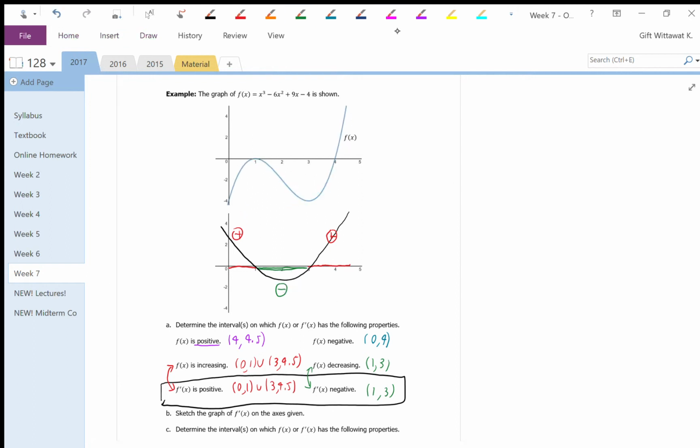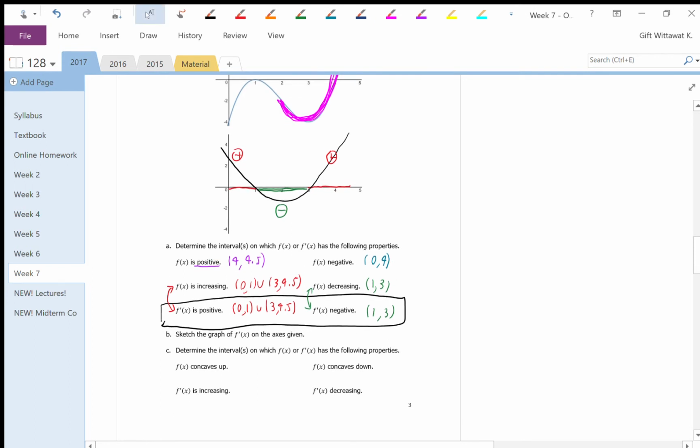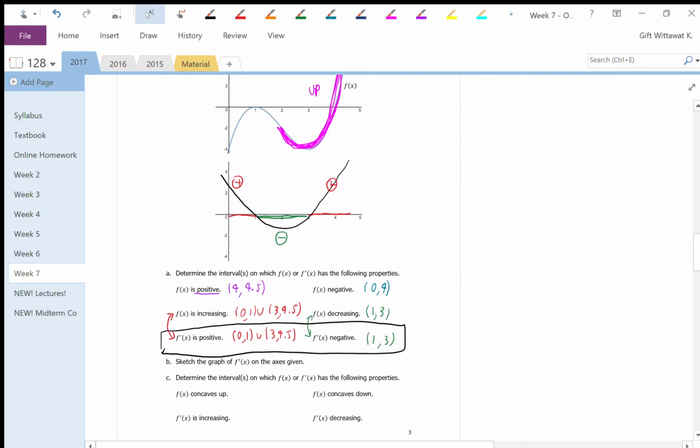My function looks like a U here. So this pink piece is when my function is concave up. It looks like a U when it's concave up, and that's going to be from 2 to 4.5.